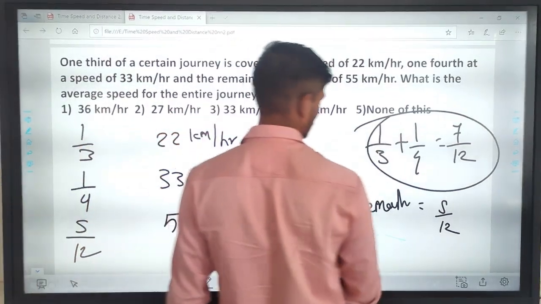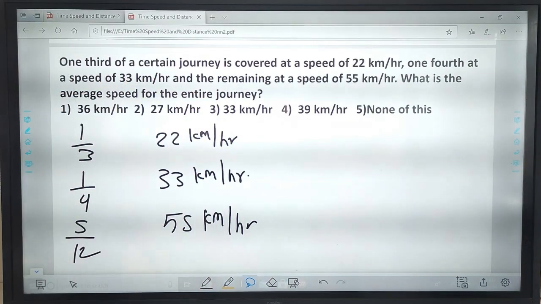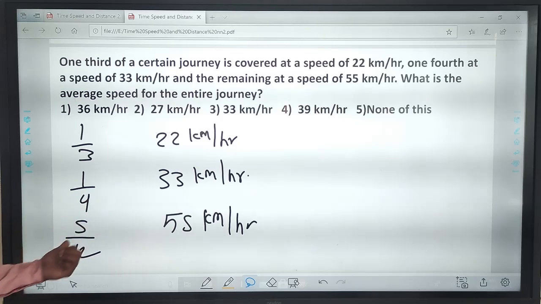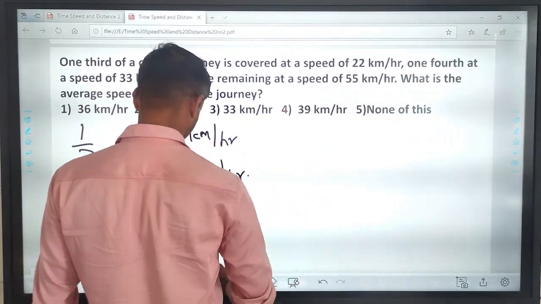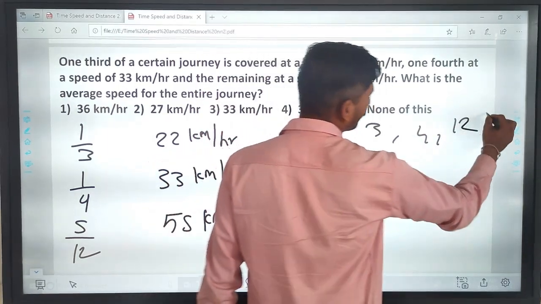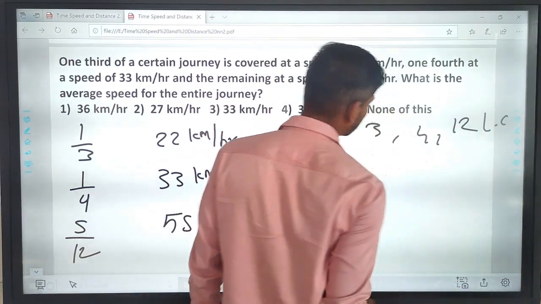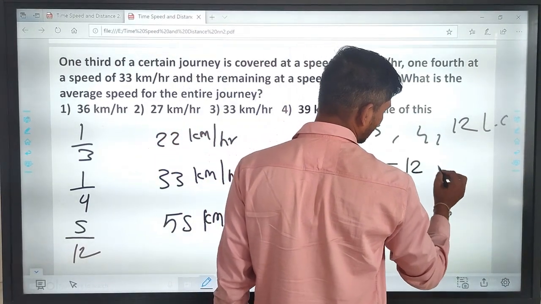Now we take the distance as the LCM of the denominators. Here the denominators are 3, 4 and 12. The LCM of these is 12.